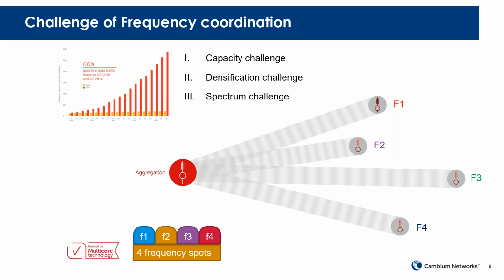If you are running short of RF resources, what do you do? Sometimes you have to densify the area. For example, initially you may have two links from a hub site, but then you may have to add more remote sites. So there is the densification challenge, and again, you may be running out of spectrum to use. So what do you do?